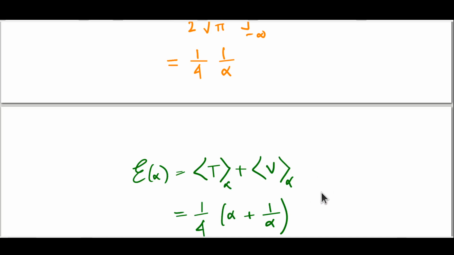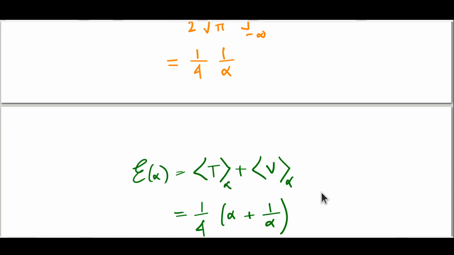What we now need to do to estimate the best possible value of the ground state energy, staying within this trial set of wave functions, is to minimize this expression of E alpha with respect to alpha. Now you could of course use calculus to find this, that is, you could differentiate this with respect to alpha and then set it equal to 0 and check whether what you have got, this extremum, is actually a minimum.